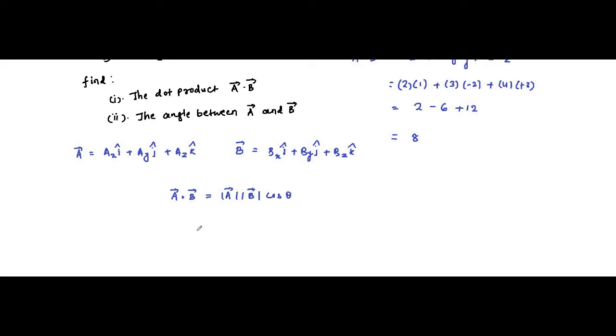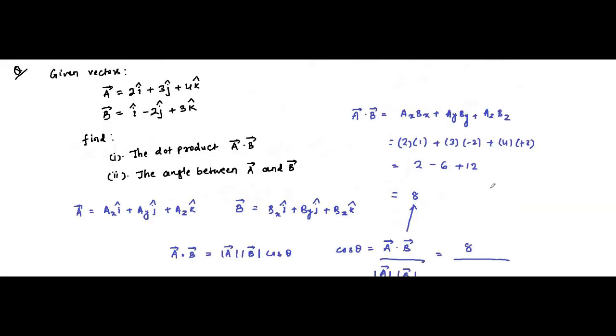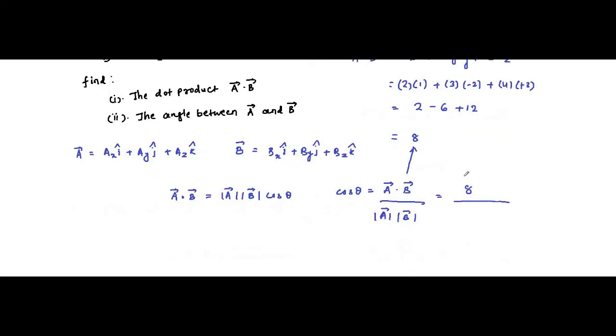So here cos theta can be expressed as a vector dot b vector divided by a vector modulus b vector modulus. Here a vector dot b vector we calculated, it is 8.